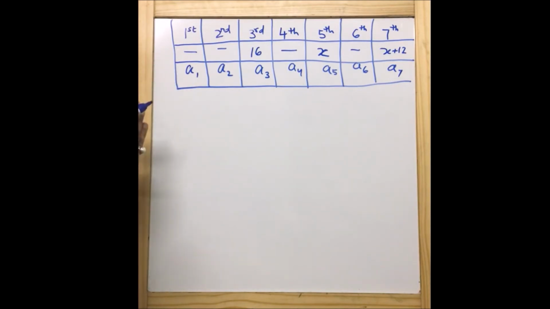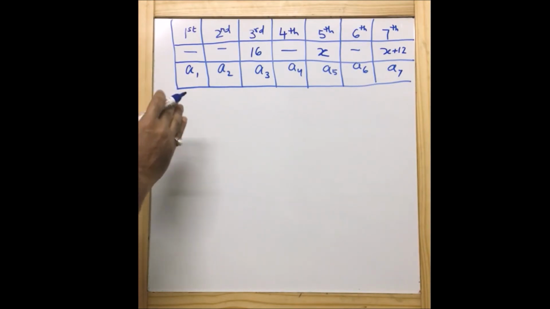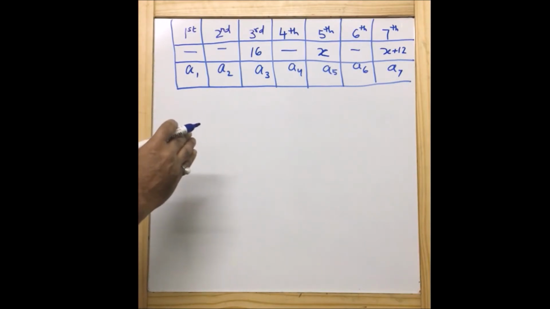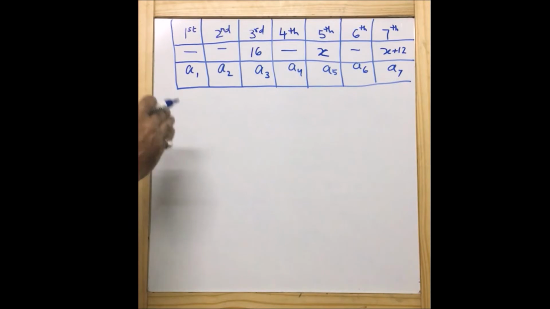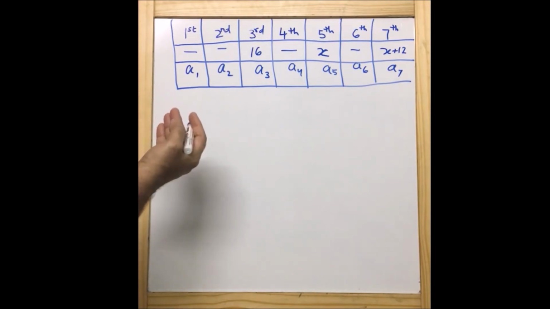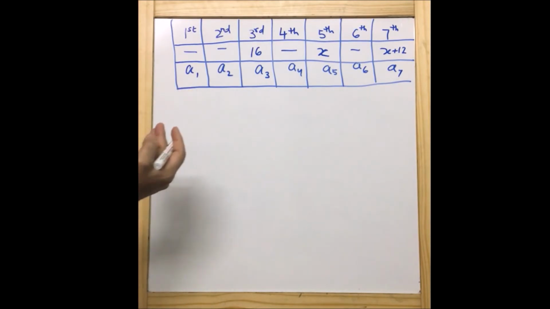Now let's move ahead. For any missing term of the AP, that means we need to find A1, and in order to find A1 or A2 or A3, the most important thing is that we first find the common difference. Once we find the common difference and A1, then our life will become easy, because we can find the other terms.